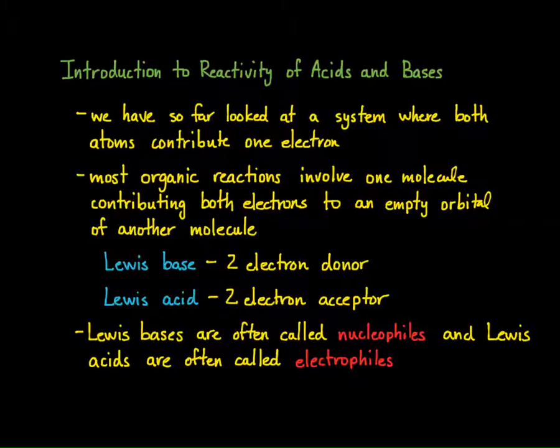Now, how does this relate to the picture of a molecular orbital? Well, instead of having 2 hydrogen atoms coming together, let's envision having a Lewis base orbital and a Lewis acid orbital coming together. Now, in our picture, we have 2 electrons in the Lewis base orbital, and the Lewis acid orbital is empty.